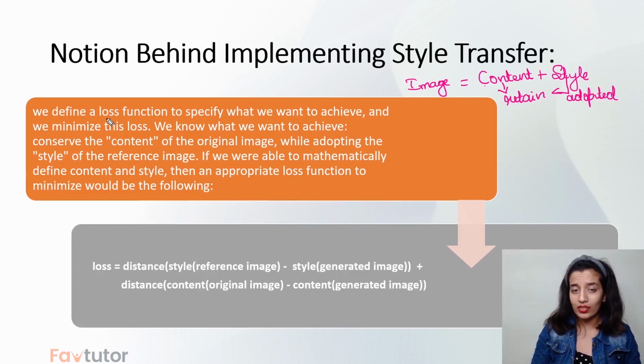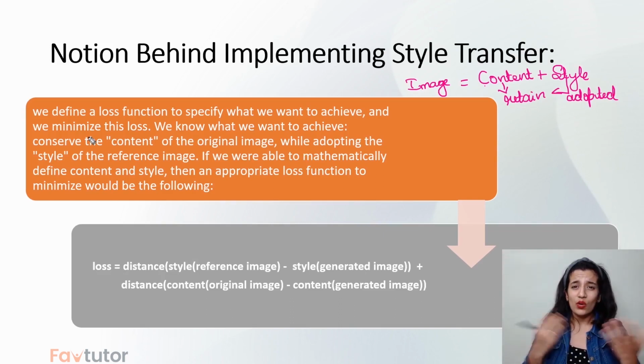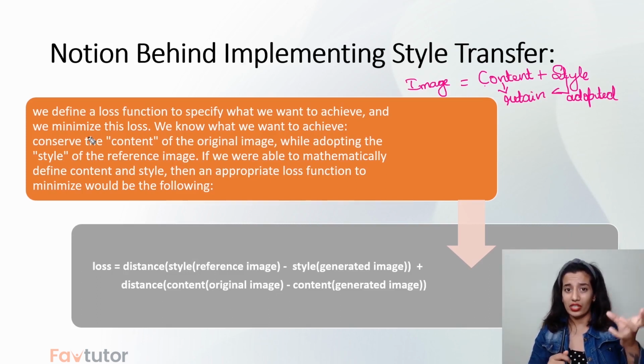As usual, if you take any model in machine learning or deep learning, we derive the loss function. What exactly is the loss function? It is the function which gives you the difference between the original image and whatever you have generated.